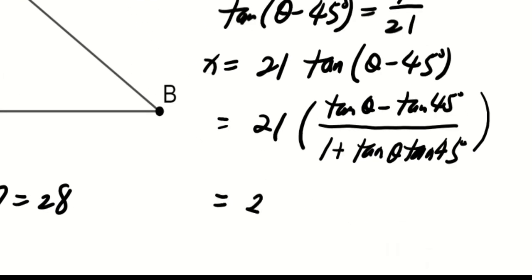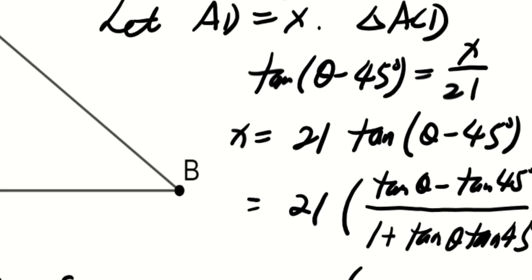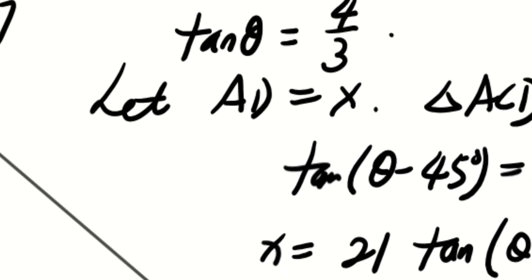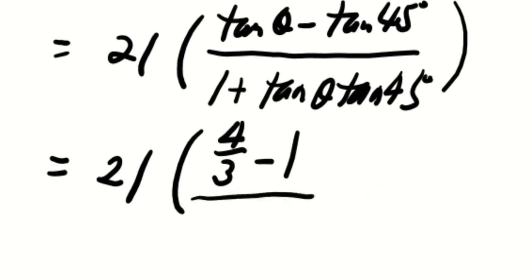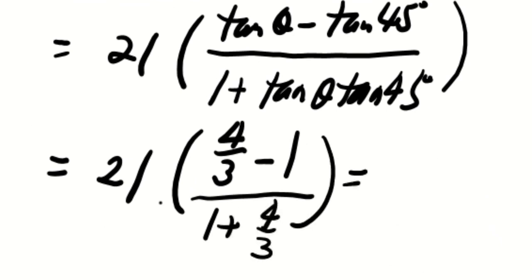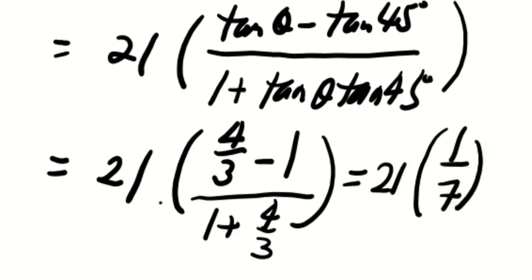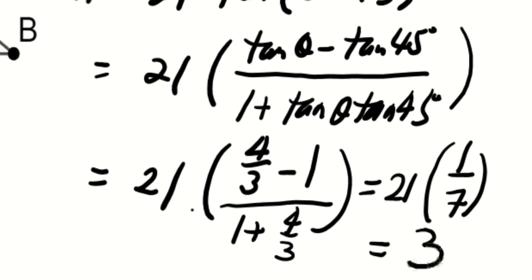Now we substitute all the values that we know. Tangent theta equals 4 over 3, tangent 45 degrees is 1, so it is (4 over 3 minus 1) over (1 plus 4 over 3), and therefore this is equal to 21 times 1 over 7. And therefore the answer is equal to 3.